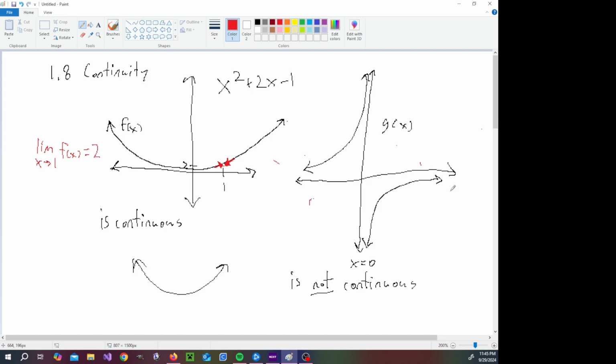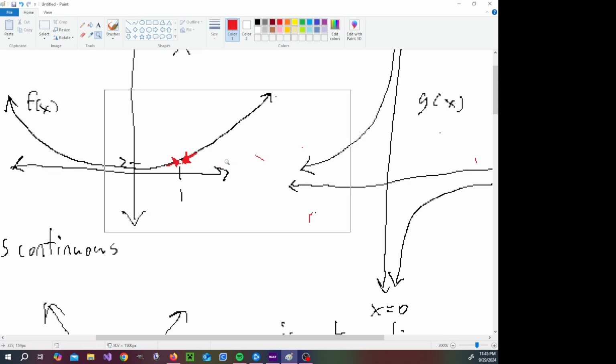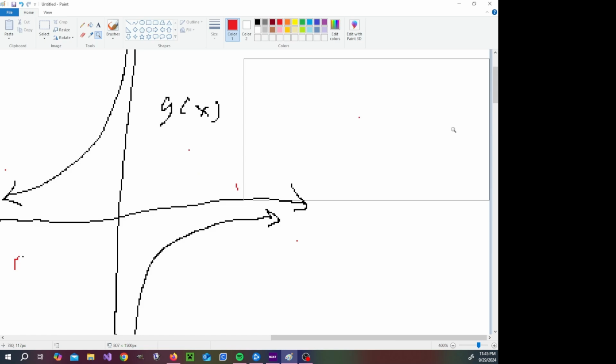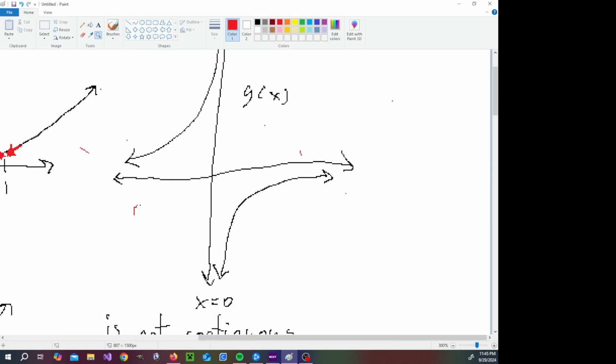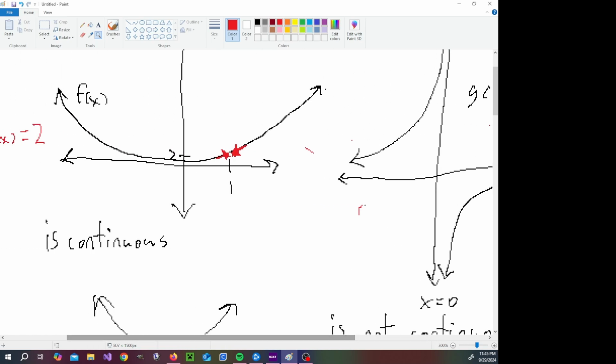Great. Well, our new idea of continuity is actually going to be trying to say something about the limit at a value and what the function actually evaluates to at that number, right? Because for most of the functions that we look at, taking the limit is actually going to be doing the same thing as just plugging the number in, right?